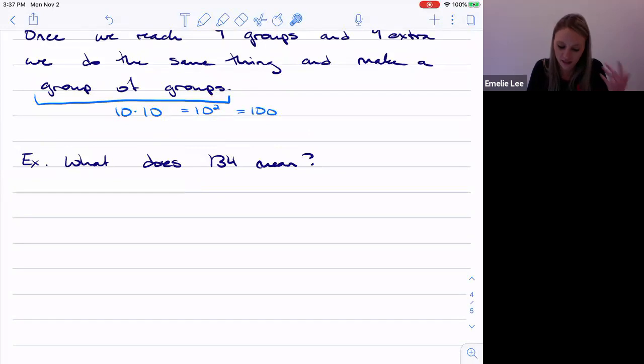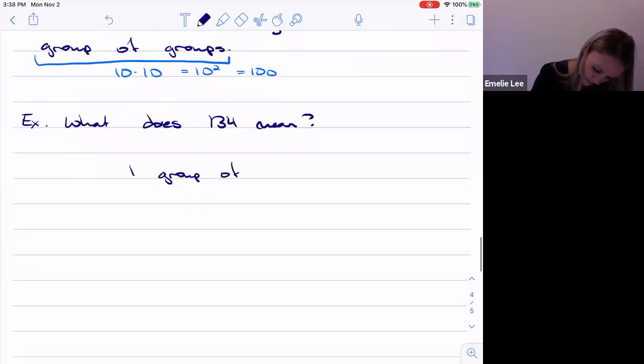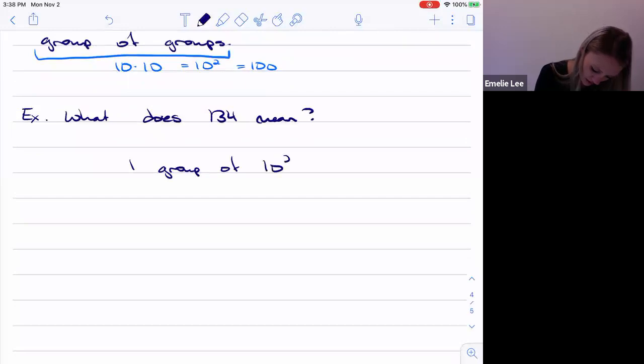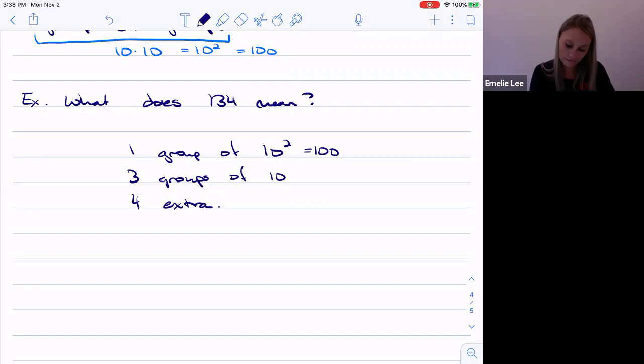So 100, 3 groups, and 4 extra, right? So it means one group of 10 to the power of 2, right, which is 100. 3 groups of 10 and 4 extra.